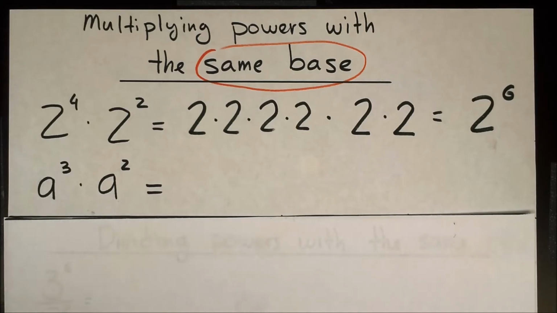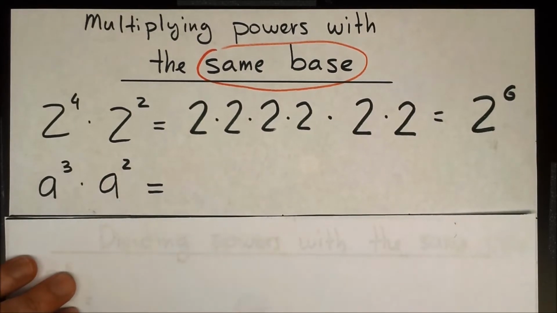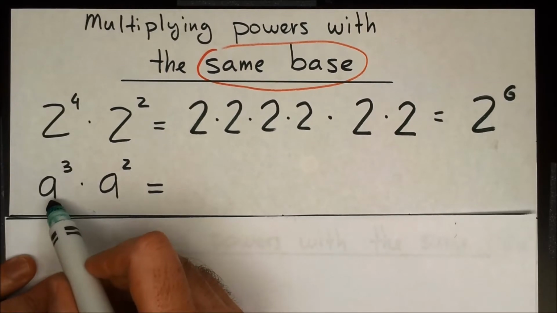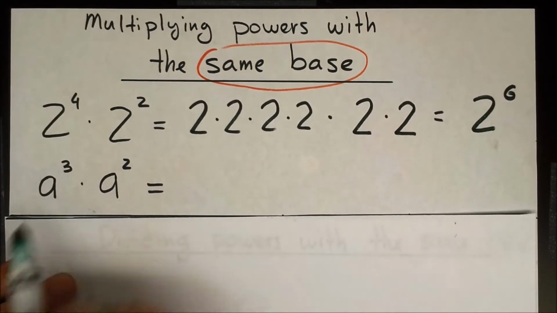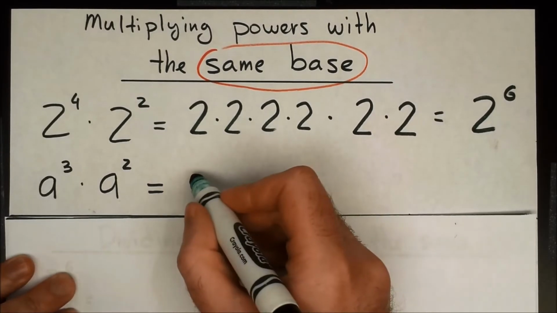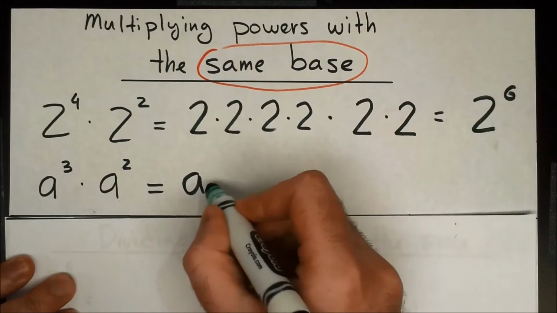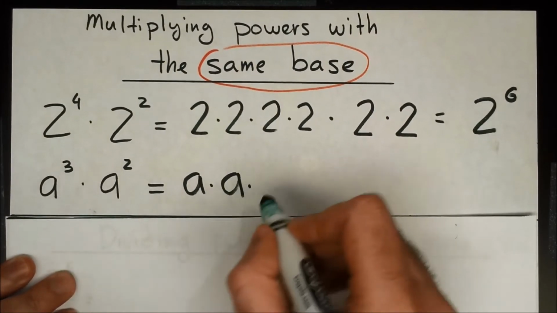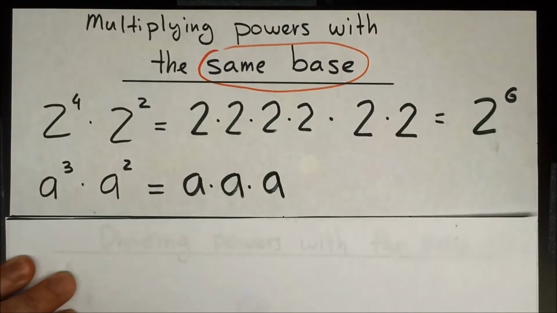This is the other example. So here we have a to the third power. How can I write down a to the third power? How can I write it out? If you said take a and multiply it against itself 3 times, you're correct, as I know you are. What about a to the second power?